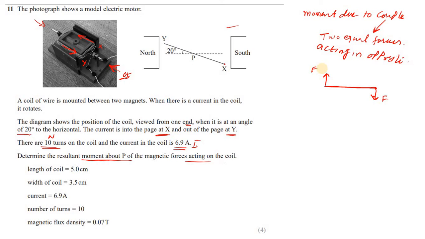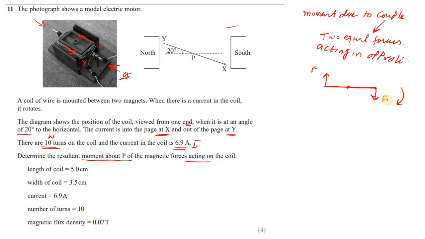Now what happens due to these two forces? These two forces rotate the rod according to the direction of the force, and that is called moment. This rod has no pivot, but according to these two forces, the rod is going to rotate about the center position.